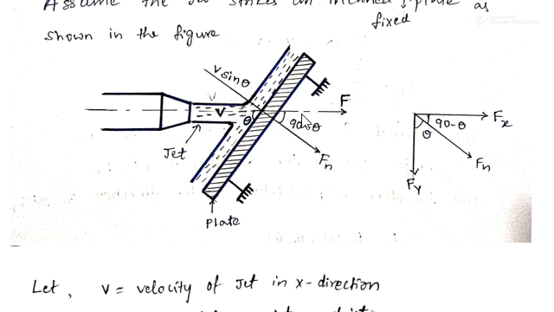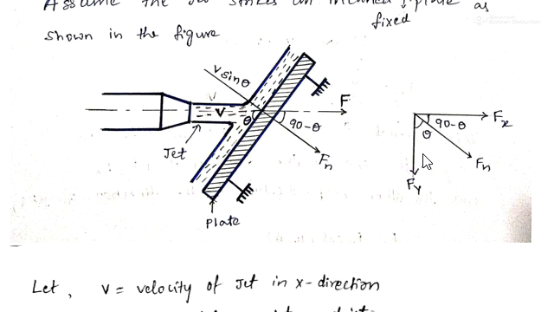So if this is 90 minus theta, this is also 90 minus theta, because of alternate angles. So you can draw a simple diagram here, this is Fn, this is 90 minus theta, and this will become theta. Why? Because Fx and Fy are at 90 degrees. This is the basic thing. So if this is 90 minus theta, the remaining angle will become theta.